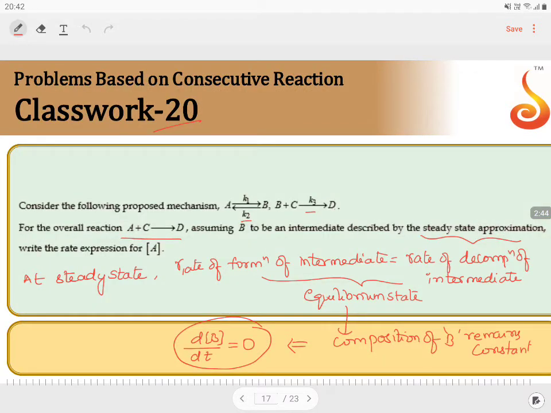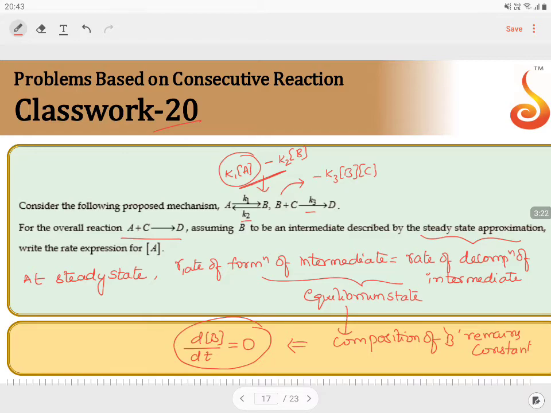In the first reaction B is forming, so it is K1 into concentration of A. In the second reaction, B is decomposing, so it is minus K3 into B into C. Compared to this, in the equilibrium, minus K2 into concentration of B comes in the backward direction.